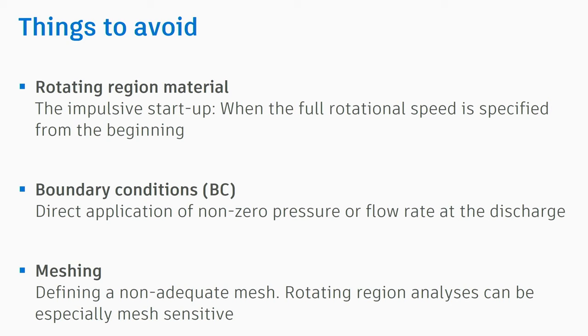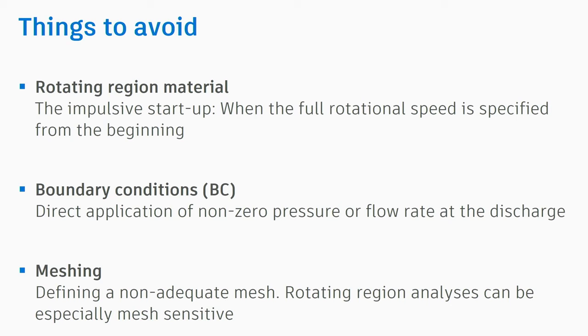The same goes for a non-zero pressure and a flow rate at the outlet. Because if you define a constant flow rate at the outlet, you will have a reverse flow at the beginning of the simulation. And probably this will cause divergence. If not, then you're lucky.